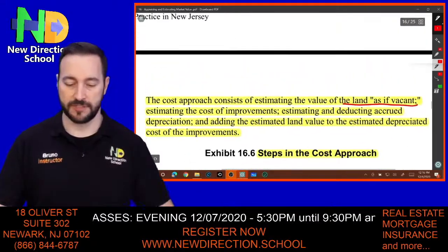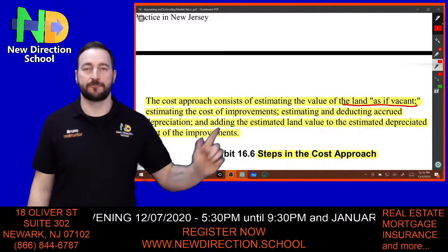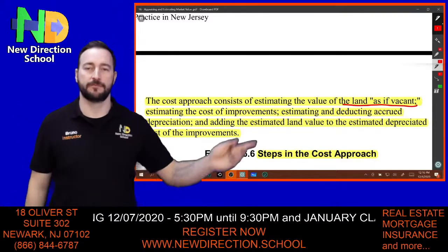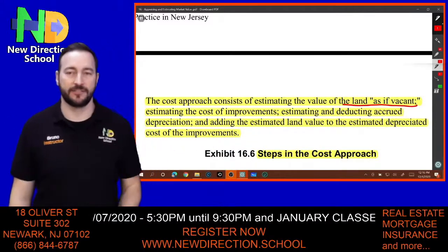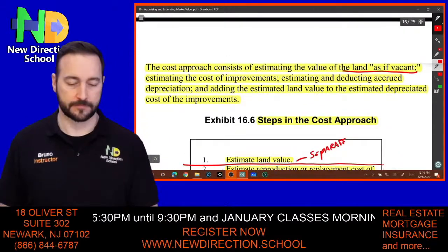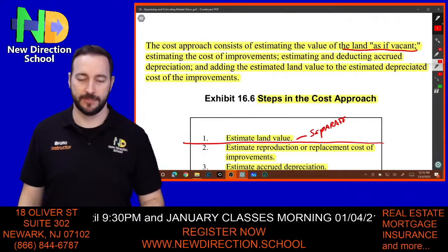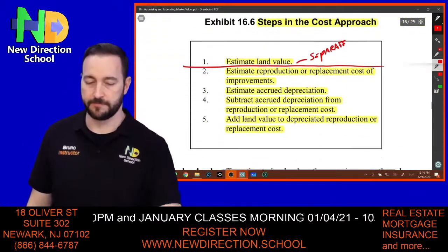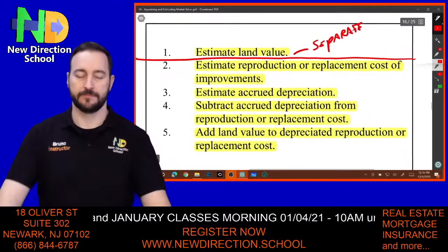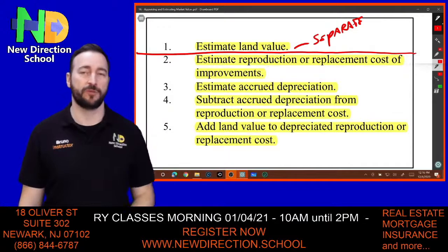We're going to go over numbers in a second. Now, you estimate the cost of the improvement, whatever's on the property. You estimate and deduct accrued depreciation, adding the estimated land value to the estimated depreciated cost of the improvement. So we estimate the land value separately as if it was vacant with no building on it.